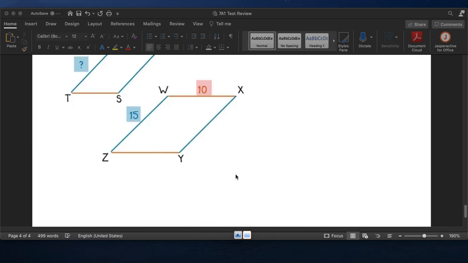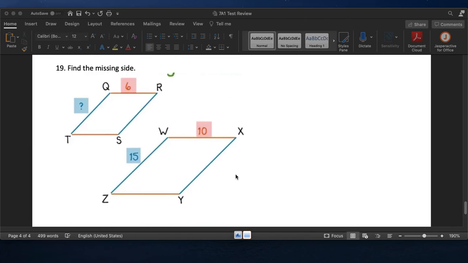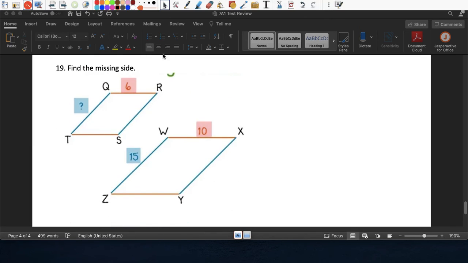$19. Okay, so find the missing side. And here's your missing side. I'm going to put X over here. Okay. So let's call this the new one. Let's call this the old one.